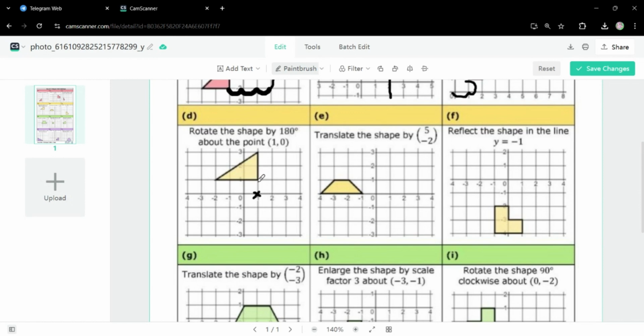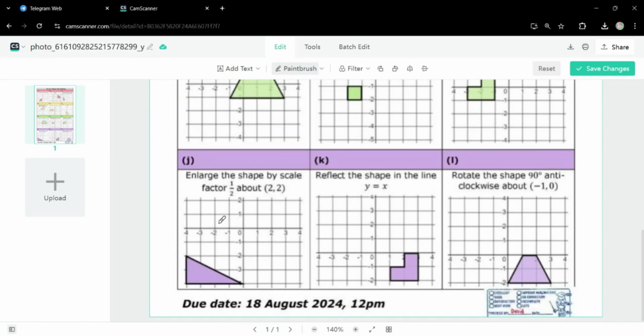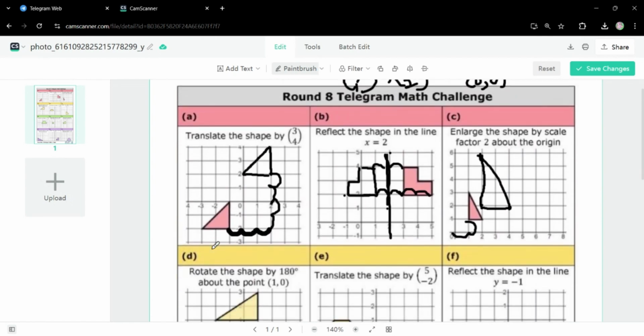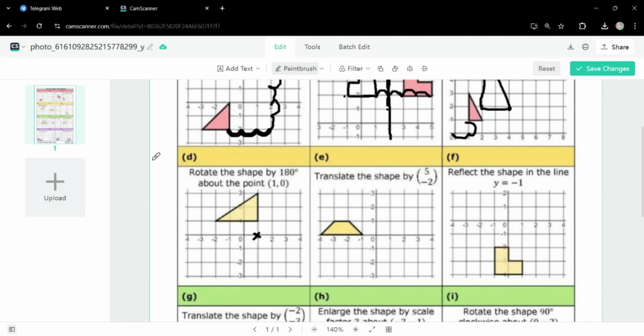For 180 degrees, the formula is negative x, negative y, when it's originally x, y. You could do that, or you can use tracing paper in a more efficient way, but since we cannot use tracing paper on the screen, I'll just show you the method. Negative x, negative y.